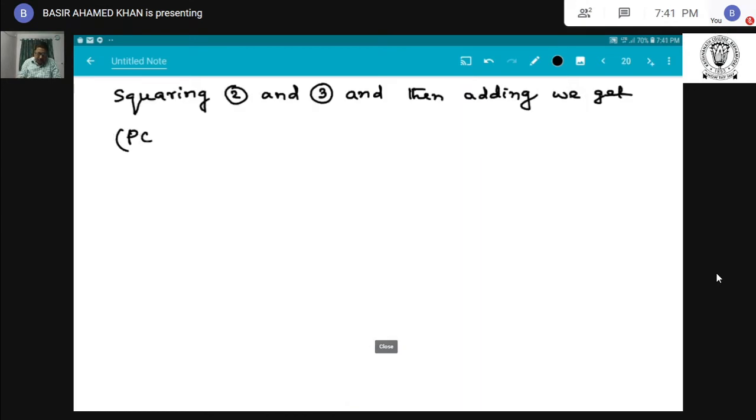sin square theta plus cos square theta equal to 1.